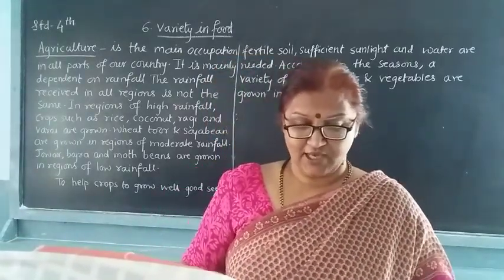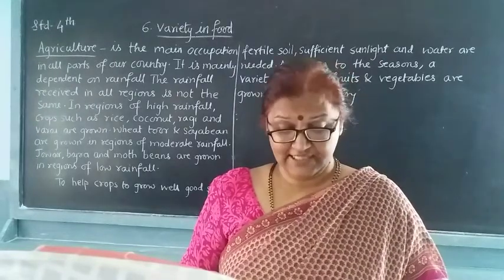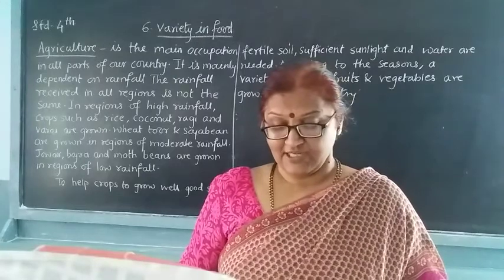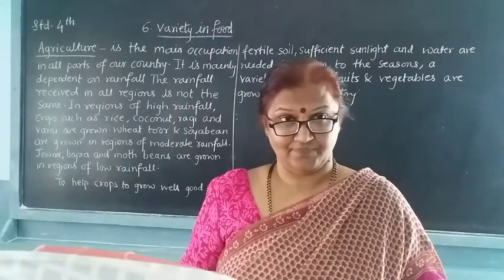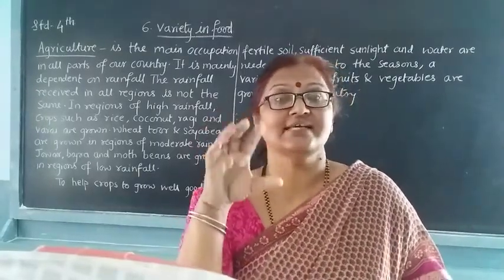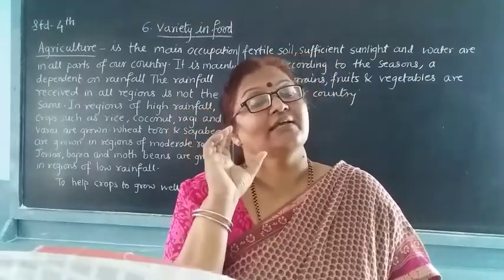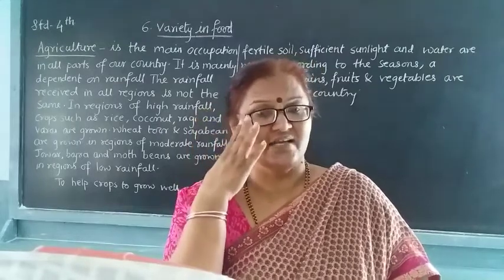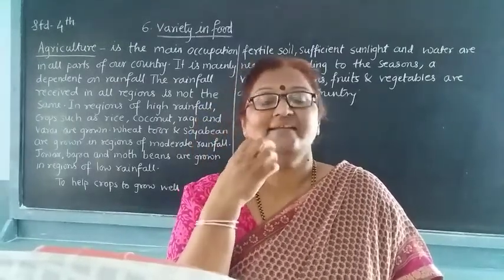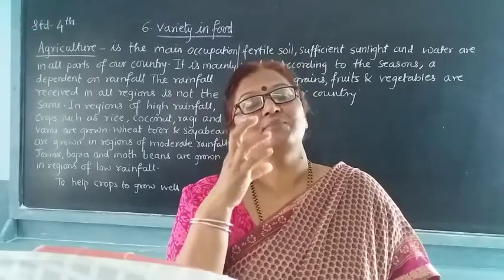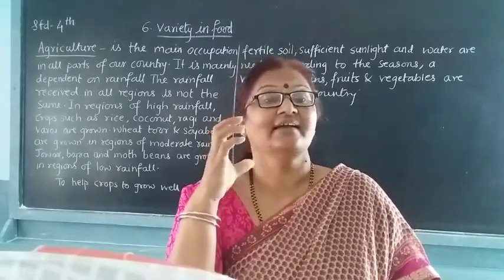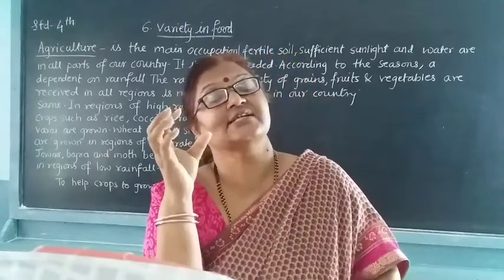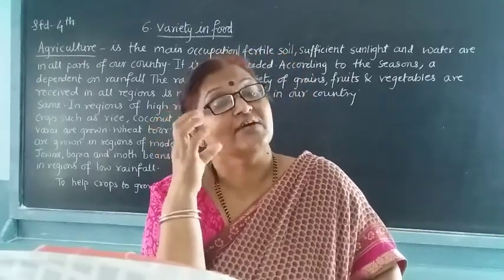Now see, use your brain. In every region there is a staple food. What is the reason for that? See, in the Konkan region, only rice grows there. In the north, wheat grows there. Why is it so? Because that climate is suitable for those grains, and in that climate such types of grains grow very nicely.